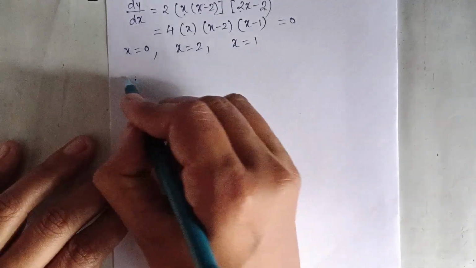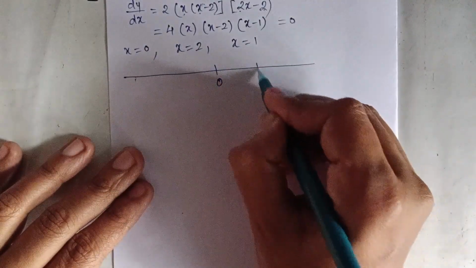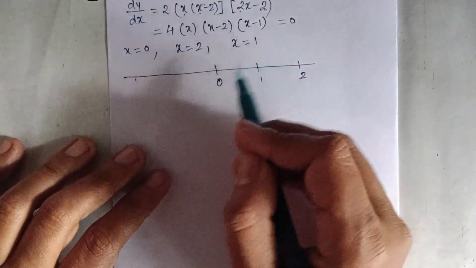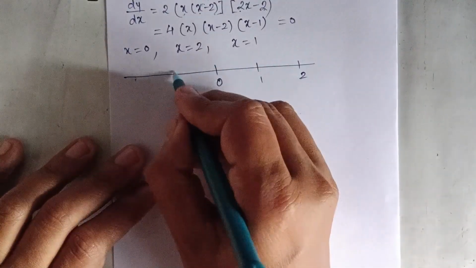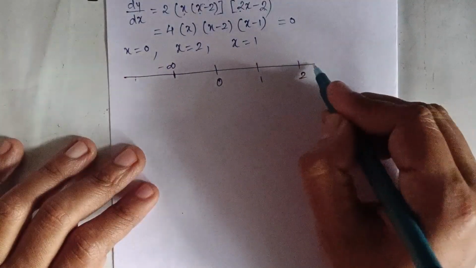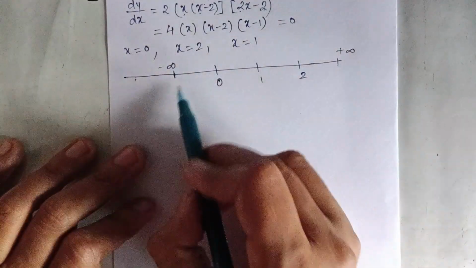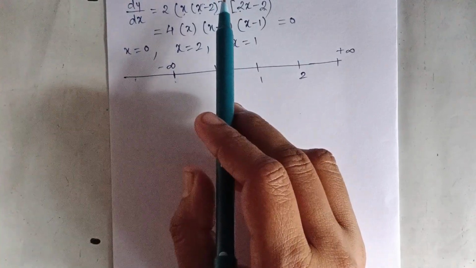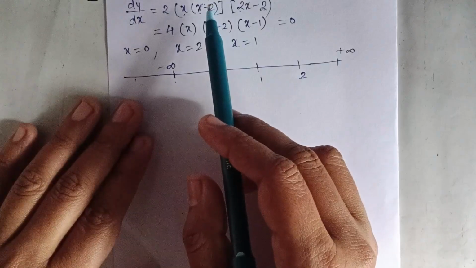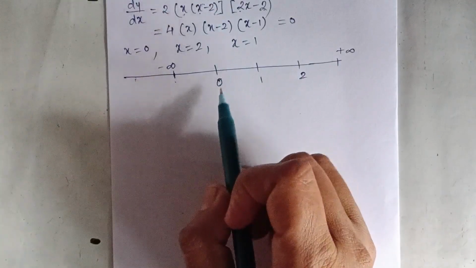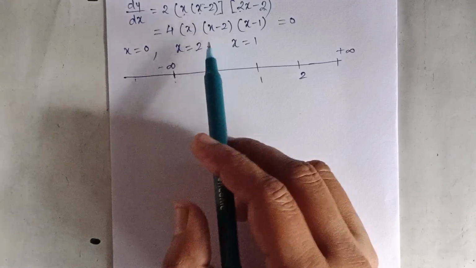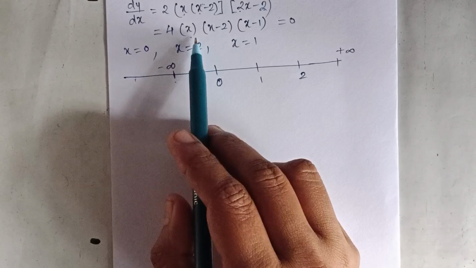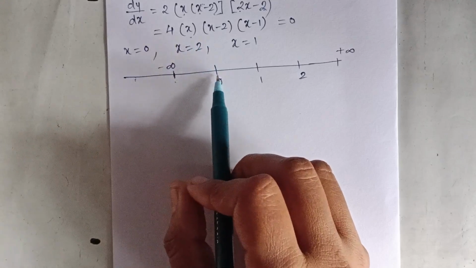Now you have to draw the number line 0, 1 and 2. So we have to find the intervals. So this will be your minus infinity, this will be your plus infinity, right? So from minus infinity to 0, we have to check whether the function is positive or negative. Here we have to put dy by dx and see.